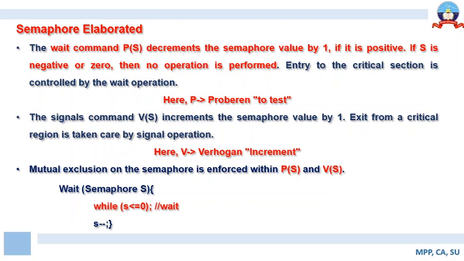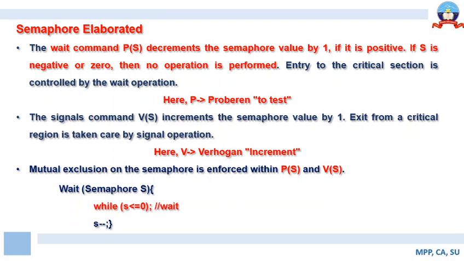Now, as shown here, what does wait do? We have a while loop. While s is less than or equal to 0, it will keep on waiting. The moment the value of s becomes greater than 0, it will decrement the value of s by 1 and let the process perform its operation.